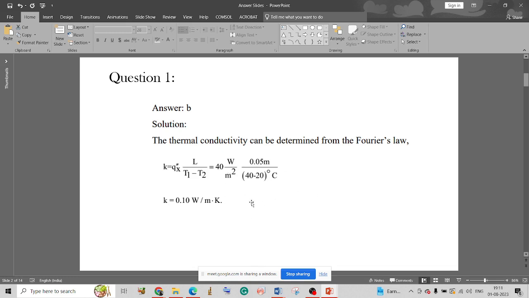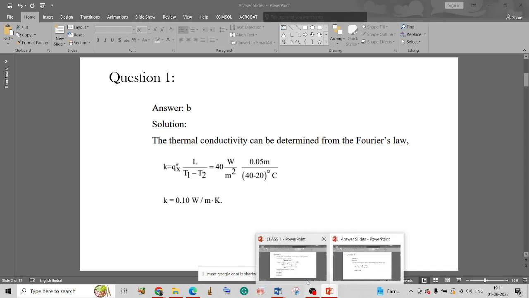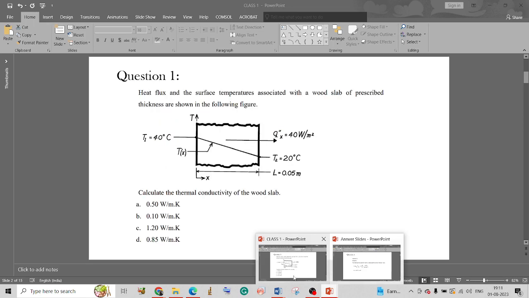So we have applied the temperature difference and the thickness of the slab. The thickness of the slab is given as 0.05 meter, and the heat flux is given as 40 watt per meter square. So by that we can clearly see that the thermal conductivity came out to be 0.10 watt per meter Kelvin. So yeah, the answer is option number B.